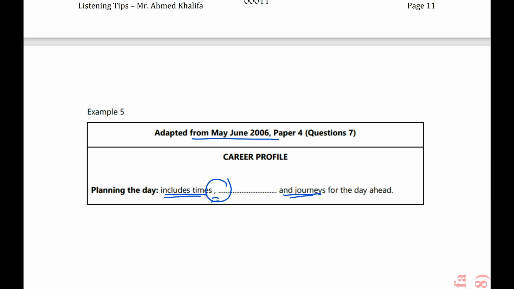As a result, a closer analysis of the question reveals the following patterns. Here we have a plural noun, times, plus a blank, and then plus plural nouns.